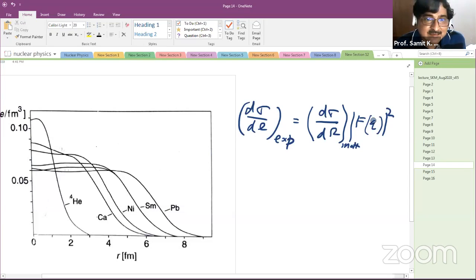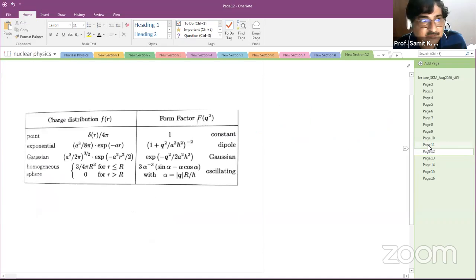To extract this form factor value, you have to compare your experimental data with your theoretically calculated Mott cross section, and the ratio between these two will give you the idea about the form factor F(q), which I already showed here.